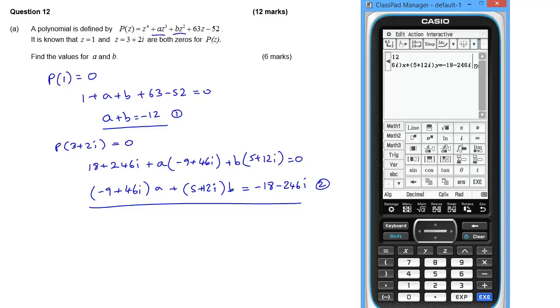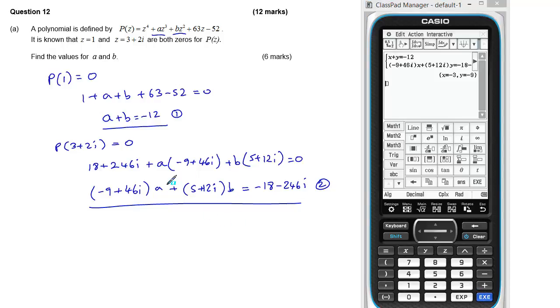And we're solving that for x and y. So execute that. x is negative 3, y is negative 9. So the x was the a, and the y was the b.